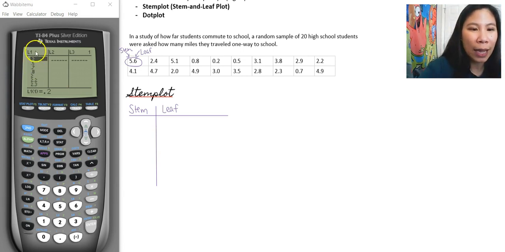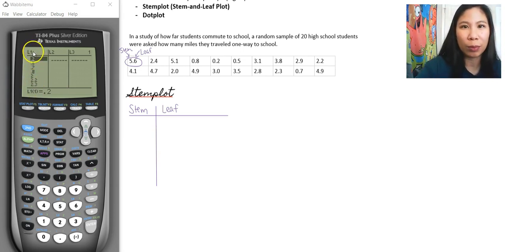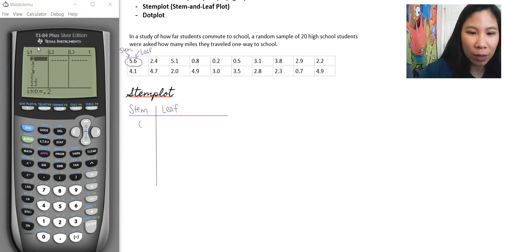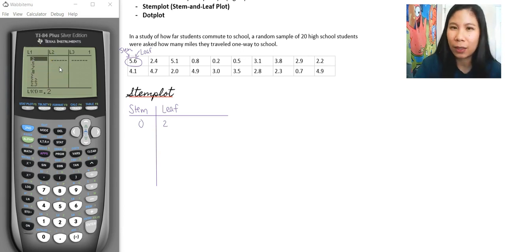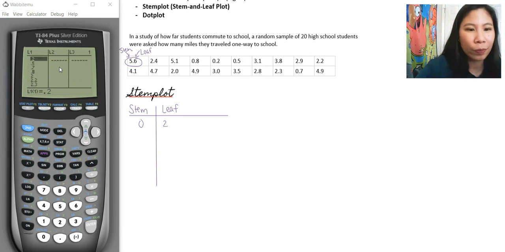So looking at my ordered data set, I have 0.2 as my first number, which means that's a stem of 0 and a leaf of 2. Even though in my calculator the 0 isn't there, we technically know 0.2 is the same as .2. Then the second number is 0.5 in the data set.